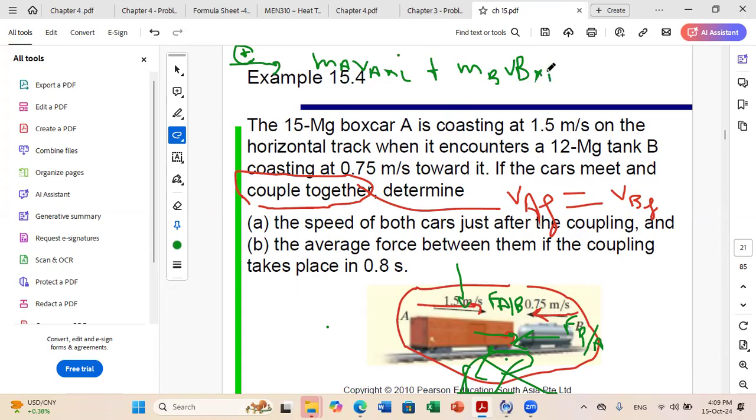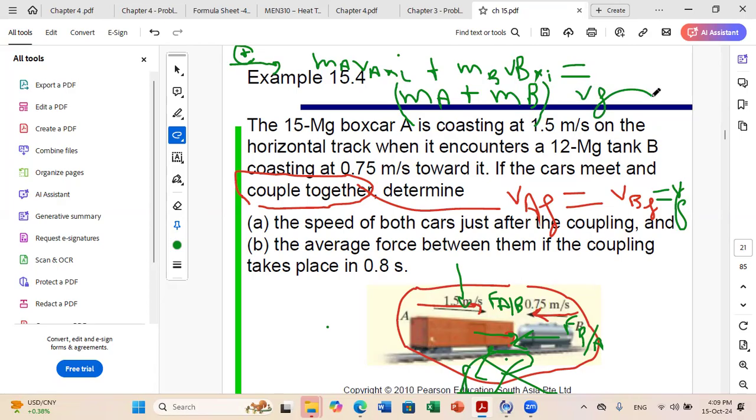Since we have no external impulses, they are negligible, we can apply conservation of linear momentum. So it's equal to MA VA final plus MB VB final. But keep in mind that they have the same final velocities. Both cars will have the same final velocity. So you can take the final velocity into factor. So you get MA plus MB times V final.